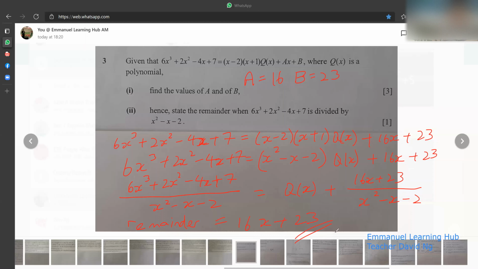That is your remainder. This is what the question is asking. Hence, state the remainder. So 16x plus 23 is the remainder. Any question with regards to question 3? No? Okay, no question. I'll move on.